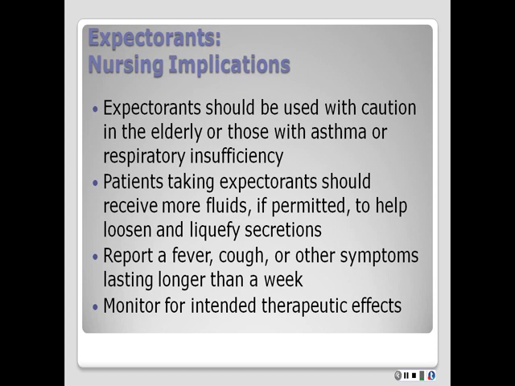Expectorants should be used with caution in the elderly and for those with asthma or respiratory insufficiency. Patients taking expectorants should receive more fluids if permitted to help loosen and liquefy secretions. You want them to report fever, cough, or other symptoms that last longer than a week. And then you want to, again, monitor them for the intended therapeutic effects.